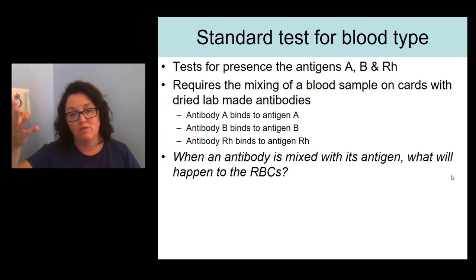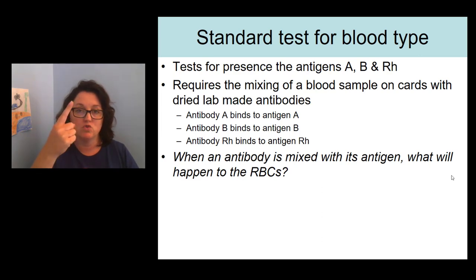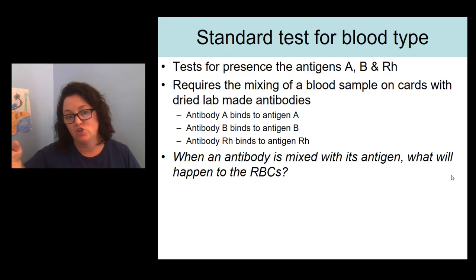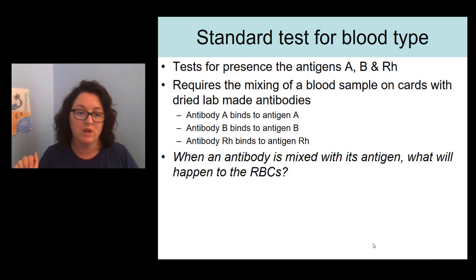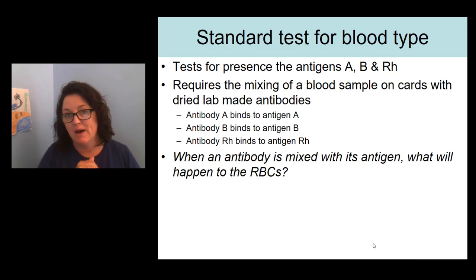So you usually have 4 little circle areas. One is a control with no antibody, and then you have antibody A, antibody B, and antibody Rh, right? So you put your drop of blood on each of the 4 little spots and mix it up and wait to see if agglutination occurs. So when an antibody is mixed with this antigen, what happens to the red blood cells? They agglutinate.